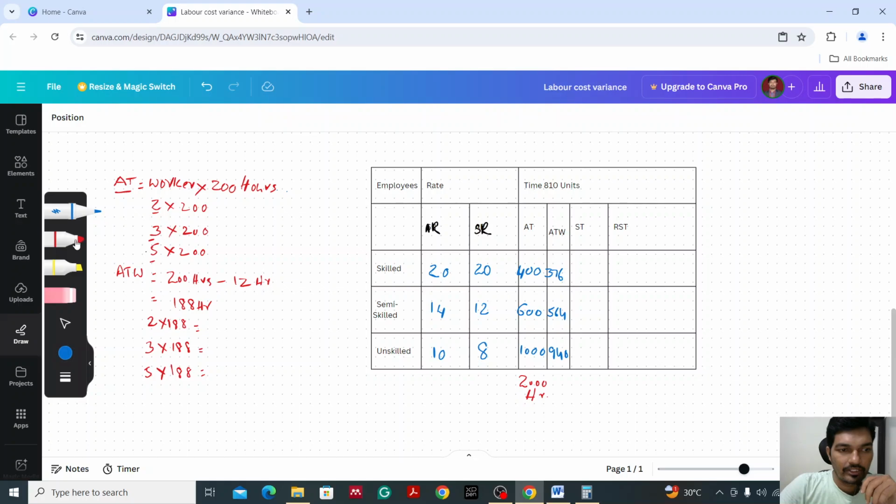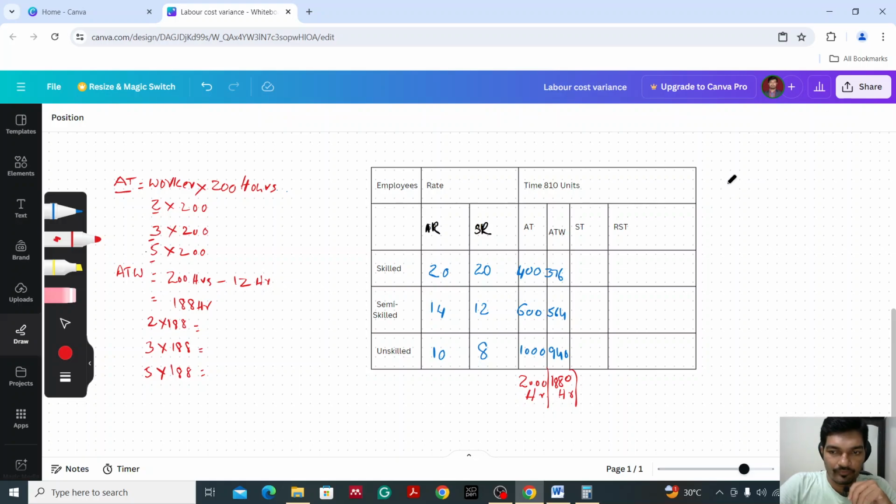So the total value, if you are totaling it: 376 plus 564 plus 940. So here the answer is 1880 hours. This is 2000 hours. This is 1880 hours.